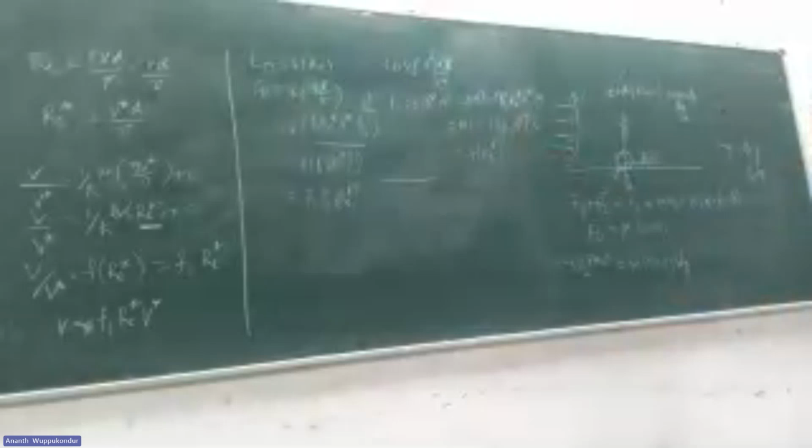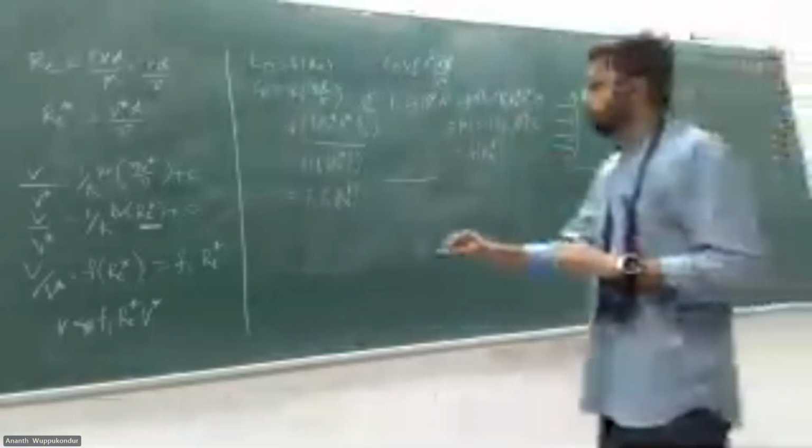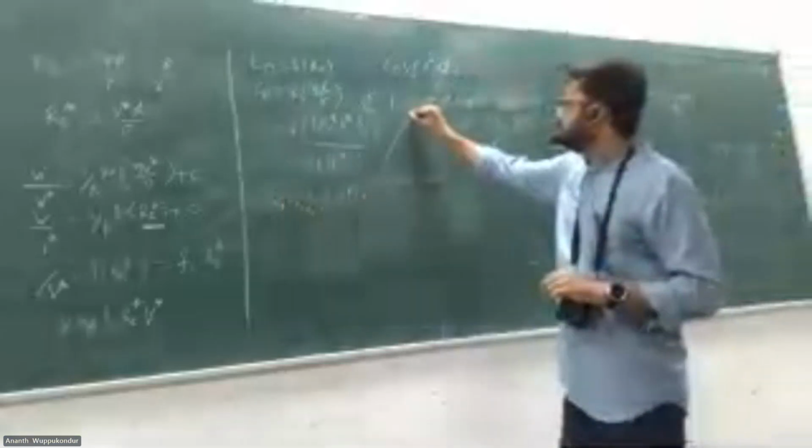So your right hand should only have Re star, some function of Re star, and all the parameters on the left. So use this for CD.